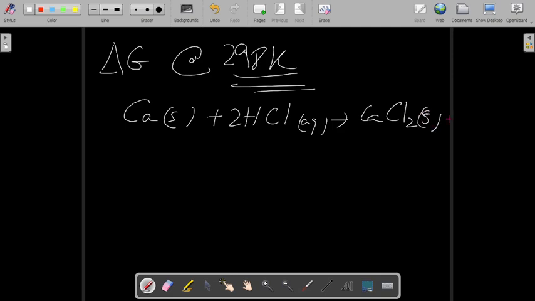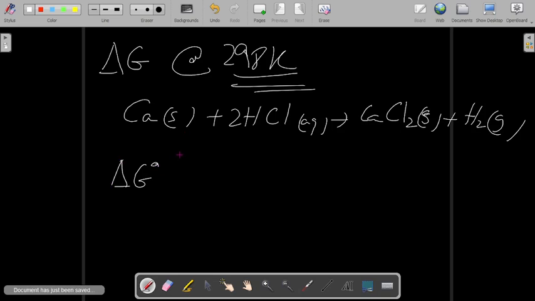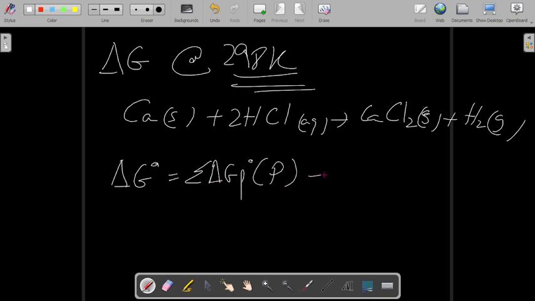This is a solid and this is a gas. So we're going to be able to calculate this, correct? And what does that formula look like? The formula looks like this. You need to sum all of that information for the products, and you have to sum and subtract it for all of the reactants.